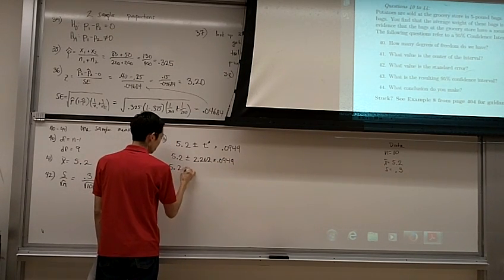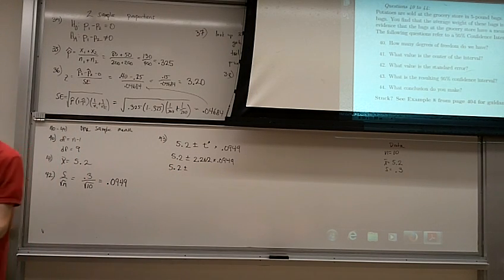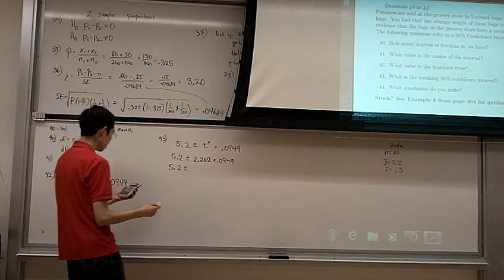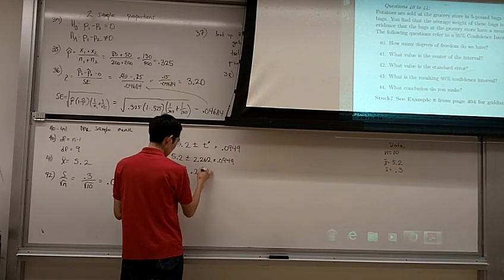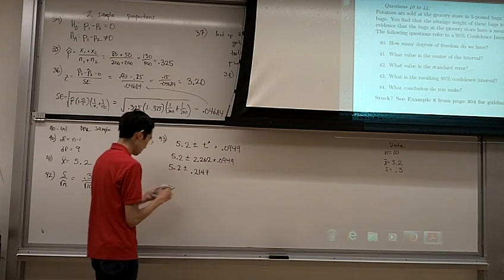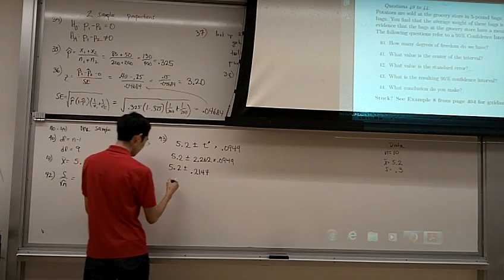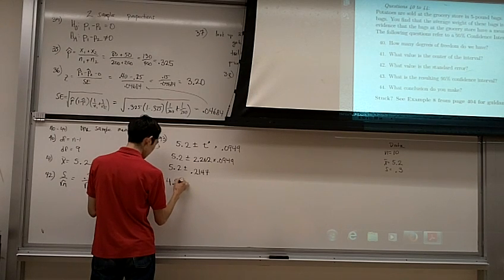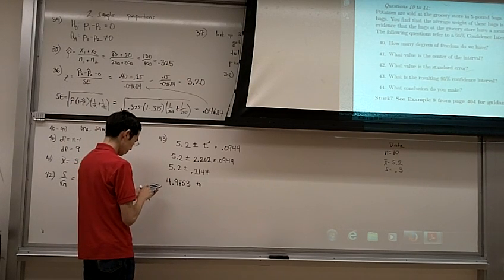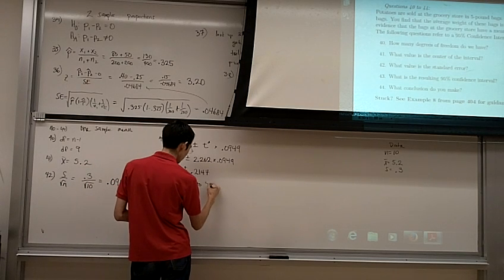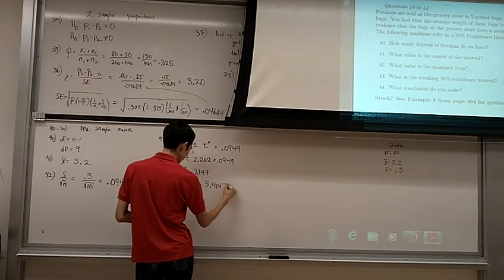So I get 5.2 plus or minus whatever this turns out to be, 0.2147. So I get 5.2 minus this, and I get 4.9853 to 5.4147.